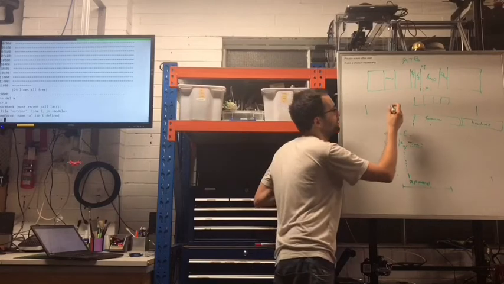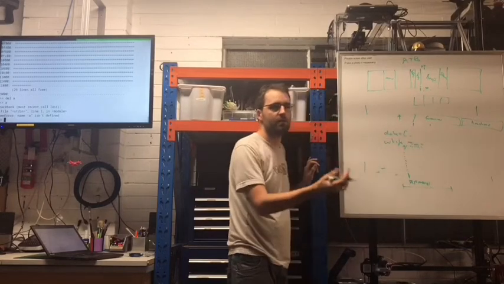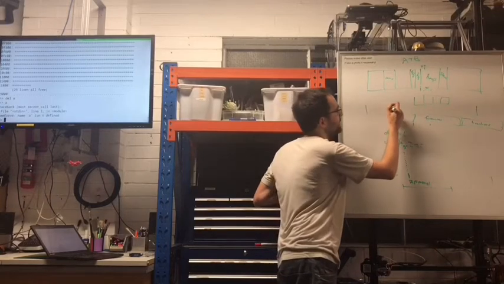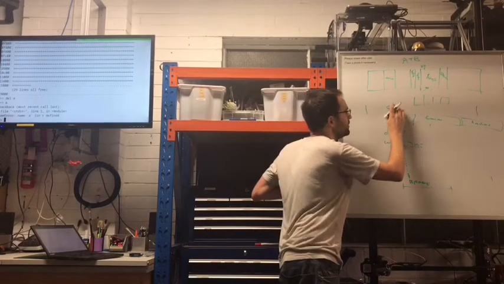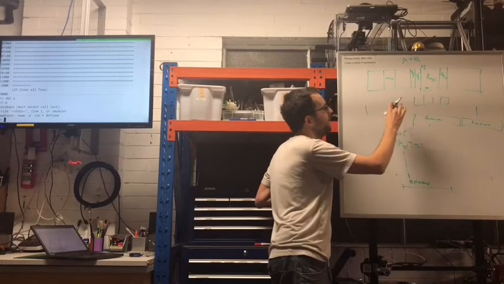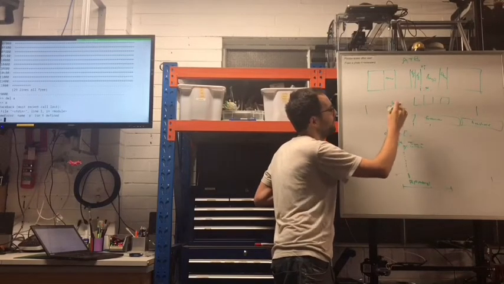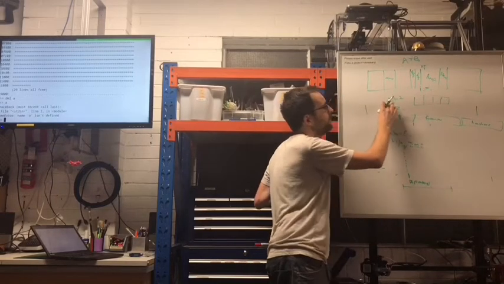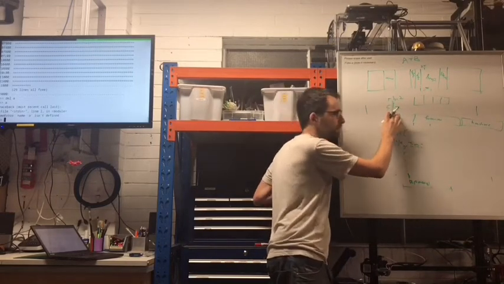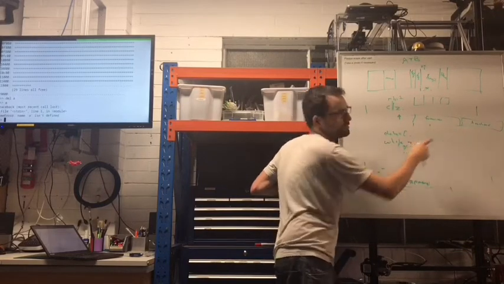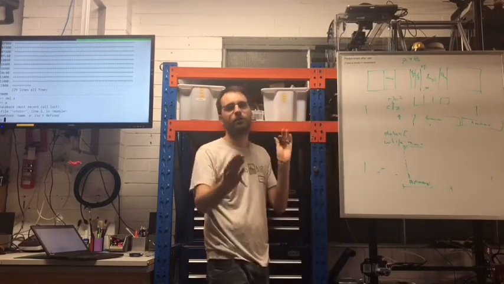A lot of ARM CPUs, all the ARM CPUs that MicroPython deals with, and a lot of other chips as well, have a CLZ instruction, which counts the leading zeros of a word. If you prefix that with an RBIT, which reverses the bits in a word, this becomes count the trailing zeros. So you can quite quickly ask a 32-bit number how many zeros it has, and that tells you how many blocks are free in front of you.